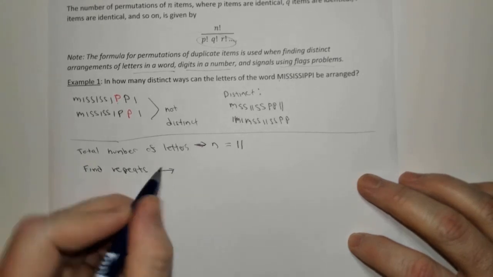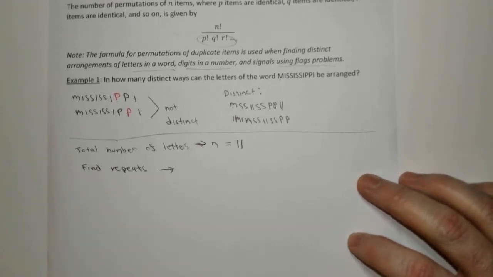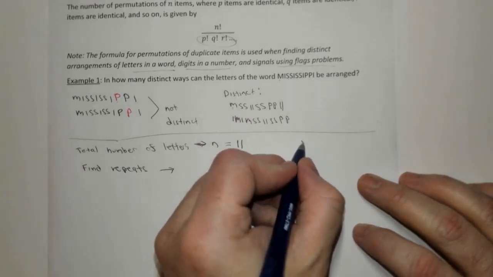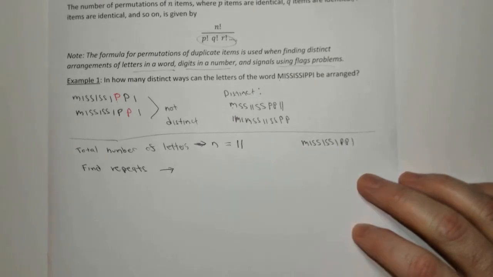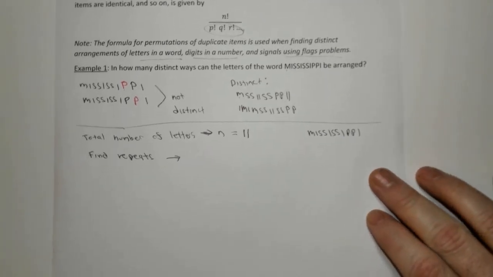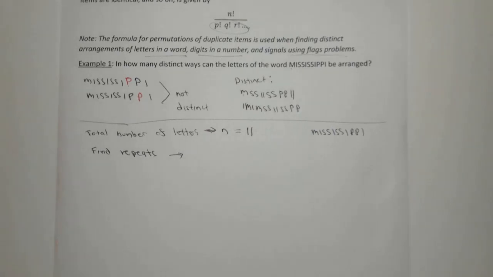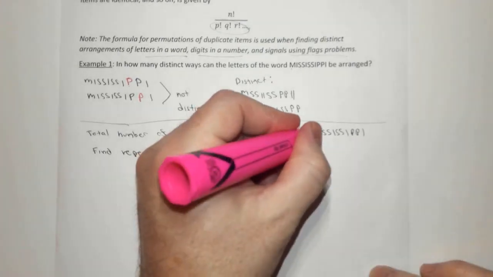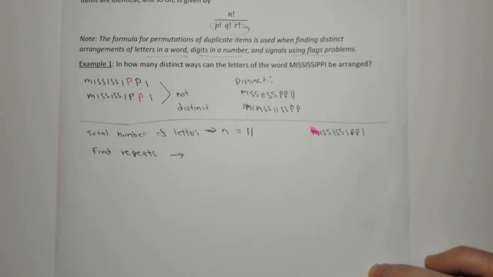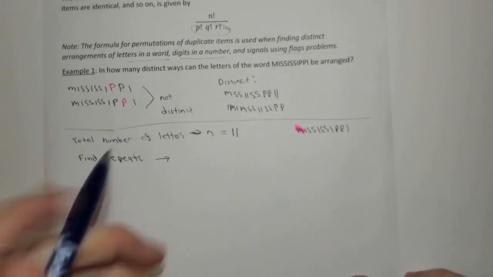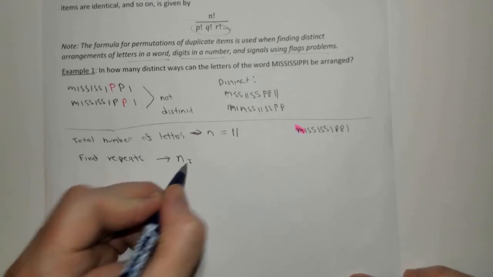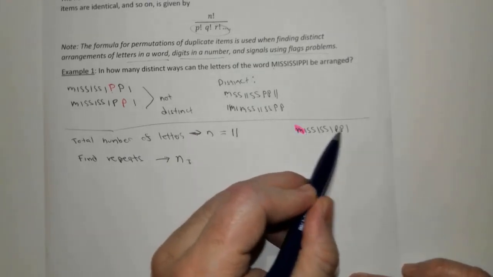What I mean by that is I start off, I'll just rewrite the word, M-I-S-S-I-S-S-I-P-P-I. You may find this helpful, maybe not. I'll start with the first letter, none of the M's, there's only one M, so nothing repeats. The next letter I get to is I's. Of course, there's some I's that repeat. 1, 2, 3, 4.